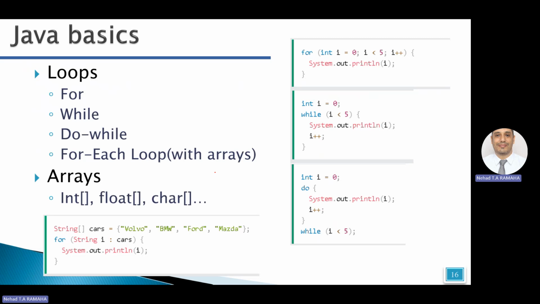We have the loops. We have for, while, and this one, it doesn't exist in C, yes? The for each loop. It's a very important loop. We use it a lot with arrays, okay? With for each loop, you don't need to know the size of the array.